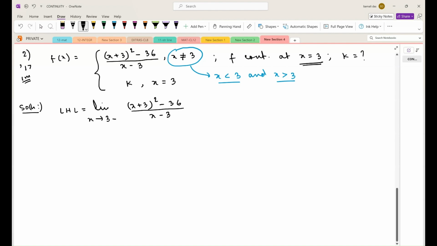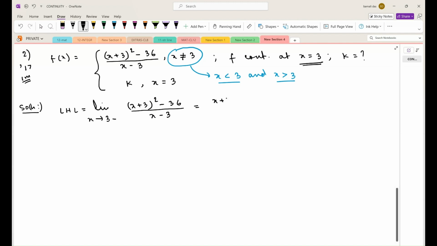See, if you try to calculate the limit here, you will see that you will get 0 by 0 form, that is indeterminate form. This is from the limit chapter of class 11. So obviously we have to manipulate this expression to remove the problematic factor that is making it indeterminate. So here it is obvious, a square minus b square.